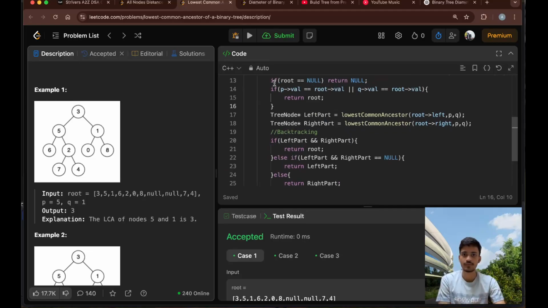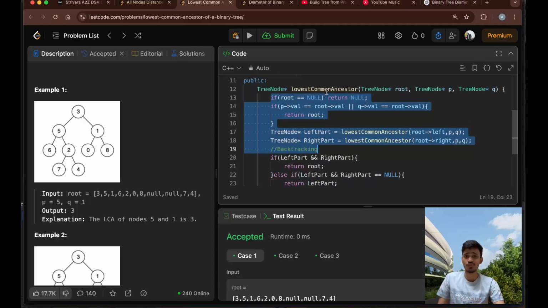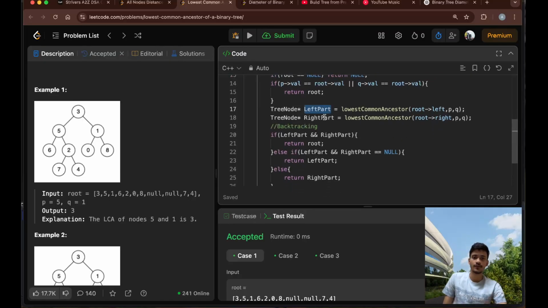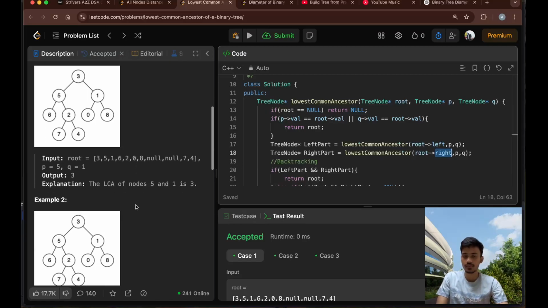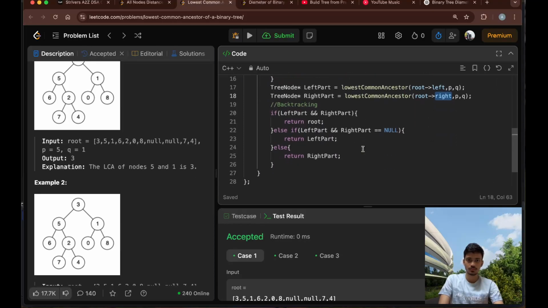Then we have written that there are two base cases mainly. One is that we have found it at the root only. If root is null, then we have to just return null because nothing is there. Then we find the left part and the right part from the root's left and right. Four things can occur when P and Q are found.